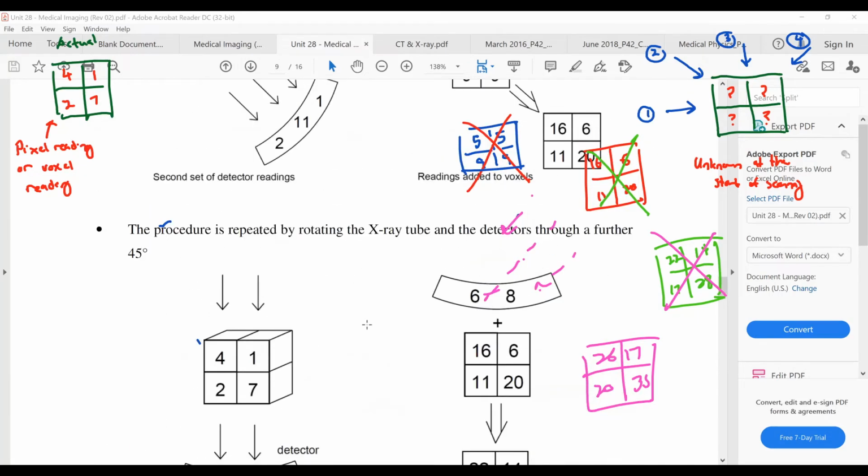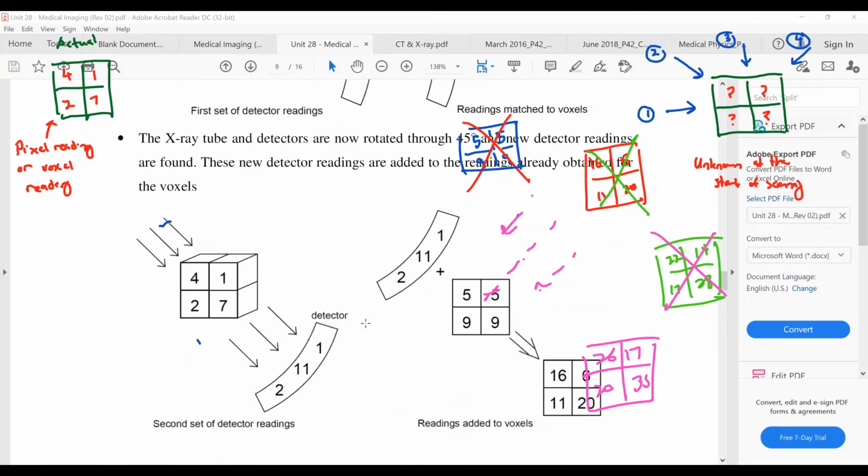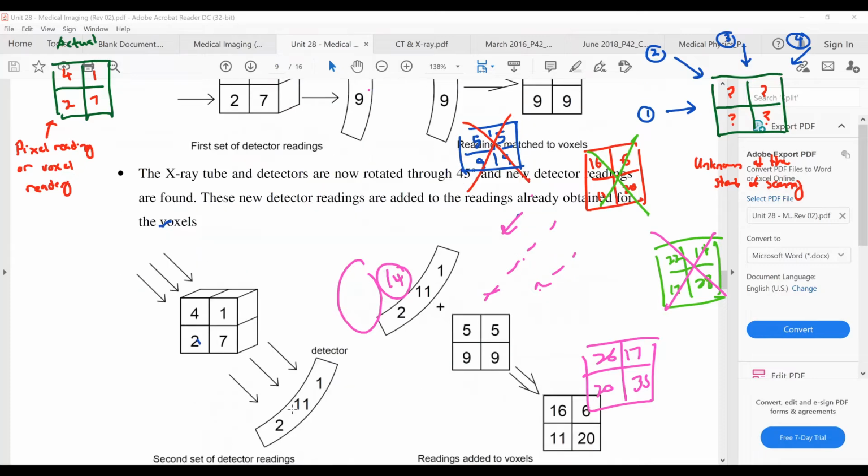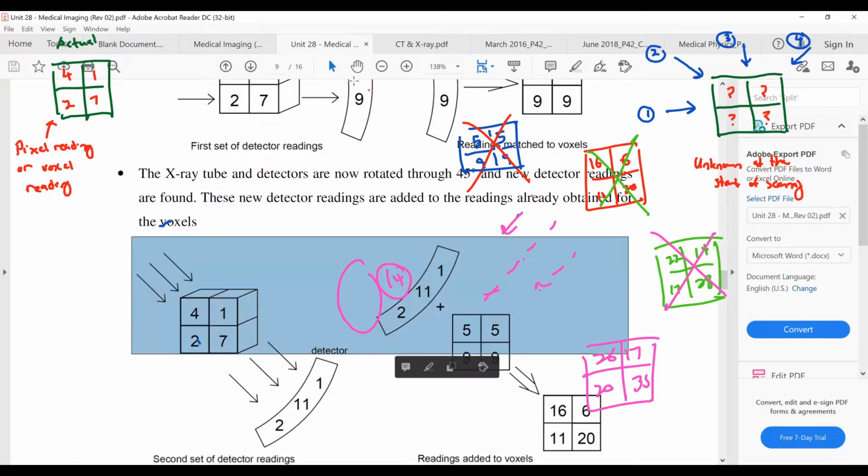If you just look at all the different directions that we've scanned, the first one was this one, right? If you look at your detector readings, this one will add up to become 14, isn't it? This is in the first direction. If you look at the second direction, which is the one diagonal here, look at your total detector reading again. 2 plus 11 plus 1 is also giving you 14, isn't it?